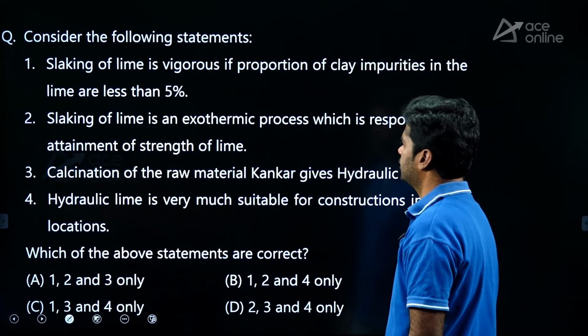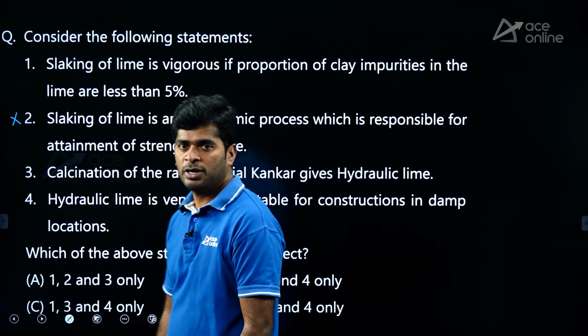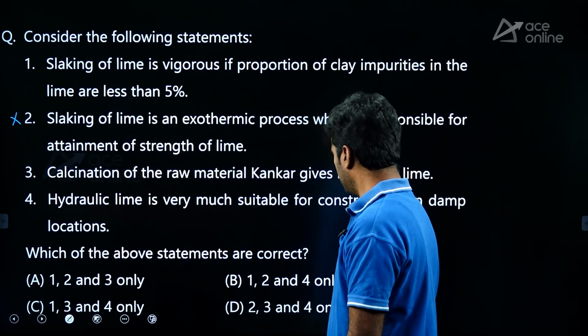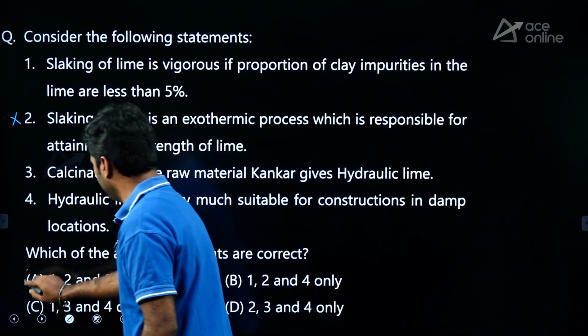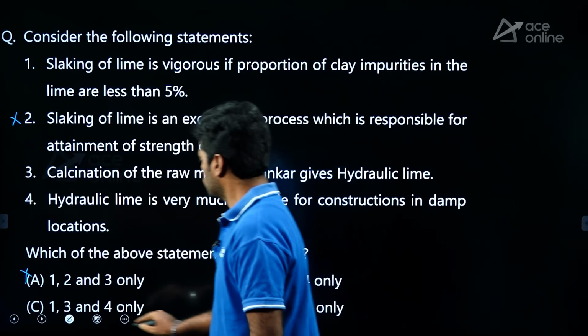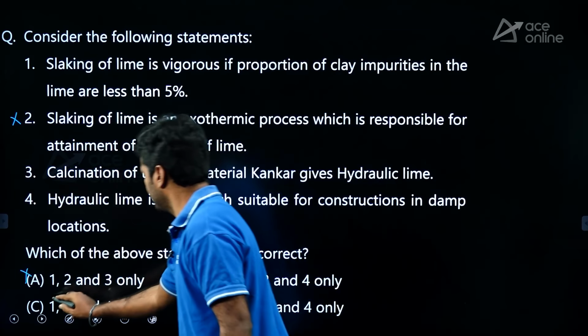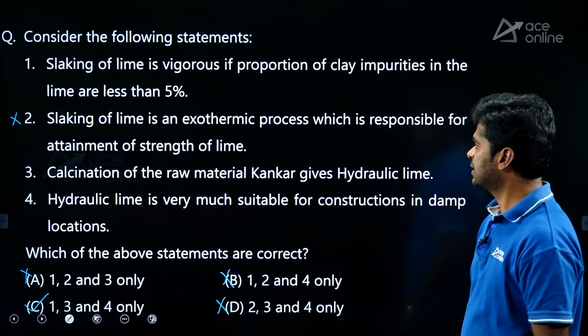No, it is not true. It is false. Second statement is false. Here you observe second is there in A, second is there in B, second is there in D. Wrong. So, option C is correct.